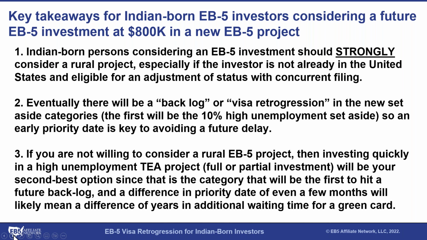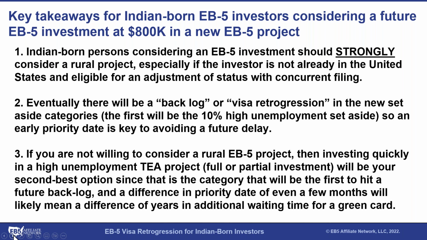So number two, as we mentioned on the prior slide, there will be a backlog in the future under these other set-aside categories that are just now opening up. The first one will be in the 10% high unemployment set-aside. And that leads us into number three.